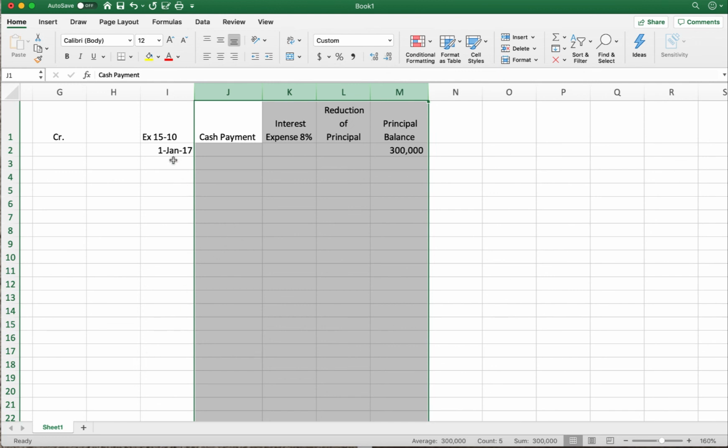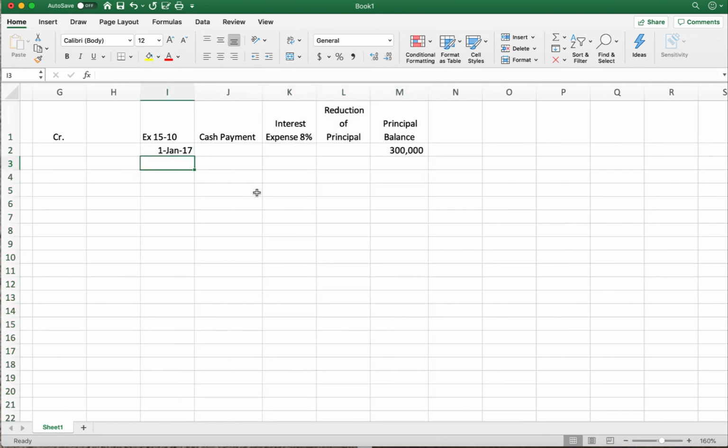We need to prepare journal entries for the first two installment payments. We have to make annual installment payments. So on 12/31/2017, we need to book our payment of $40,000.